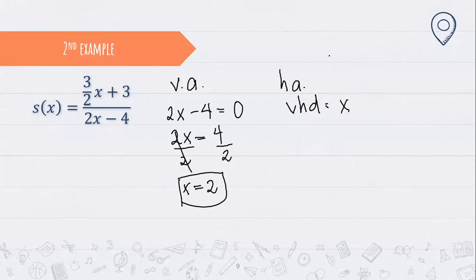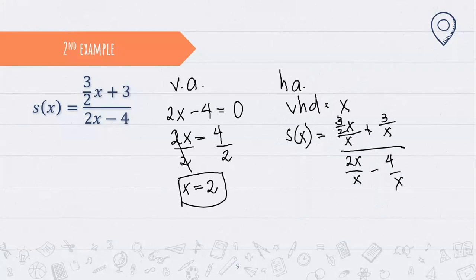Tapos i-divide natin yung variable with the highest degree to each term of our function. So we have 3 over 2x over x plus 3 over x all over 2x over x minus 4 over x. Cancel. Ano yung natira? 3 over 2 over 2.